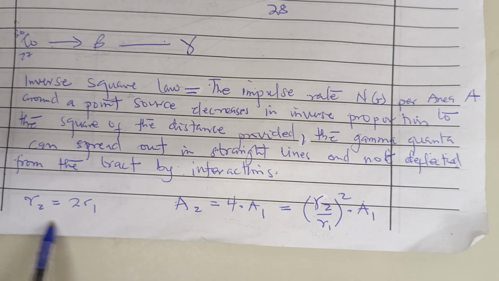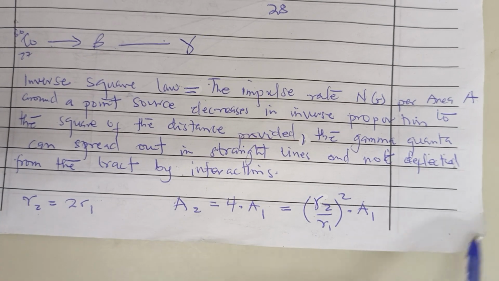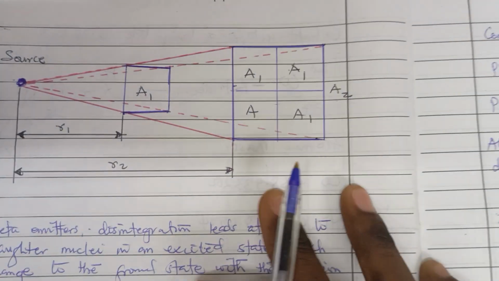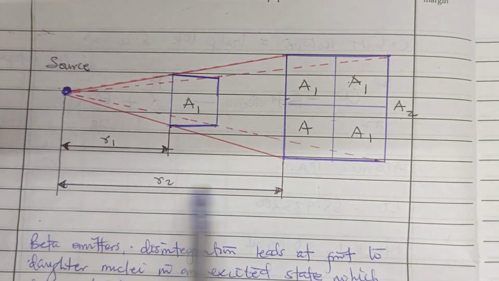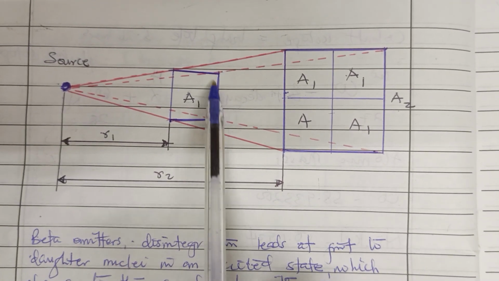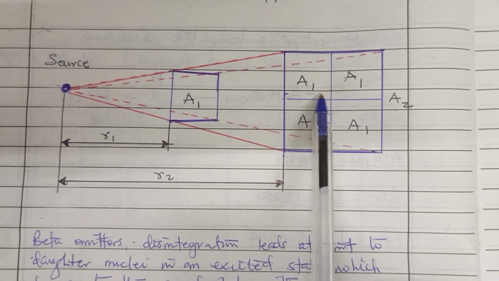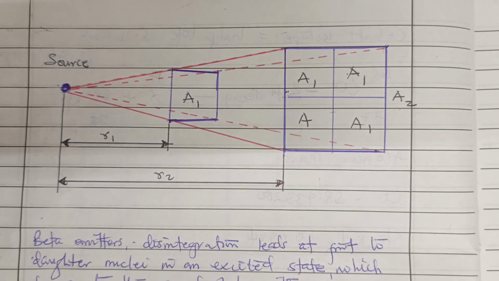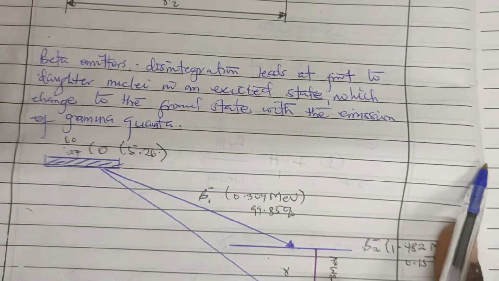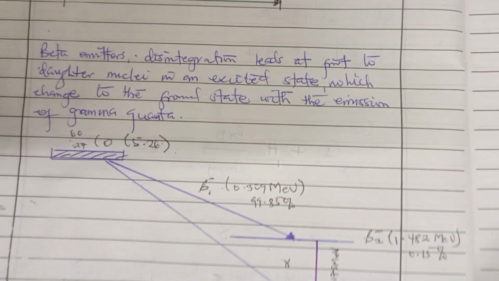There's a little equation surrounding the inverse square law that you can have a look at later. There's a diagram representing it: that's the point source and the area, which increases with the distance. This distance depends on the energy of the quanta.